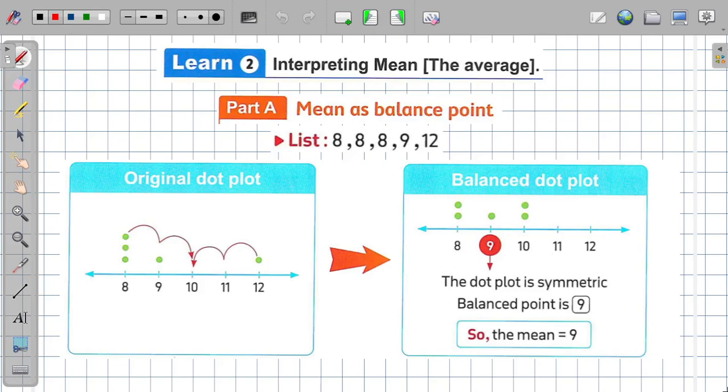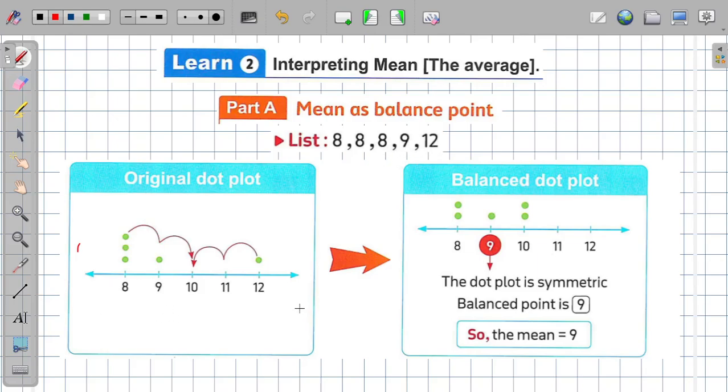If we want to find the mean of a data set, we can find the balance point of this data set, and we can say that the mean is the balance point of this data set. So if I have an example like this, I have 8, 8, 8, 9, 12.